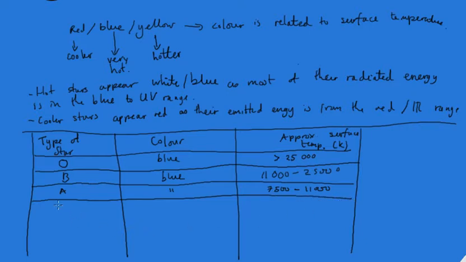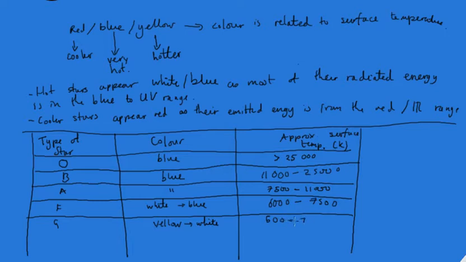Then we get an F star, which is kind of whitey blue, and that's about 6,000 to 7,500. A G star is yellow-white, and that's about 5,000 to 7,000 Kelvin.